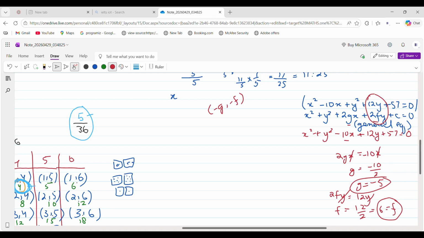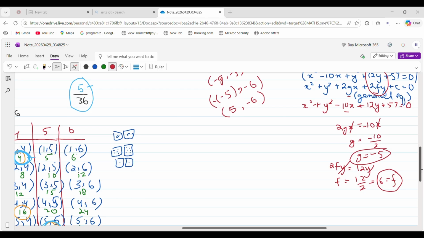So this g is negative 5, and if I take negative of negative 5, and basically f is 6, I have to take it negative 6, right? So this is my center. Negative into negative is positive 5, comma negative 6. Now I have gotten my center of the circle, which is again very simple.